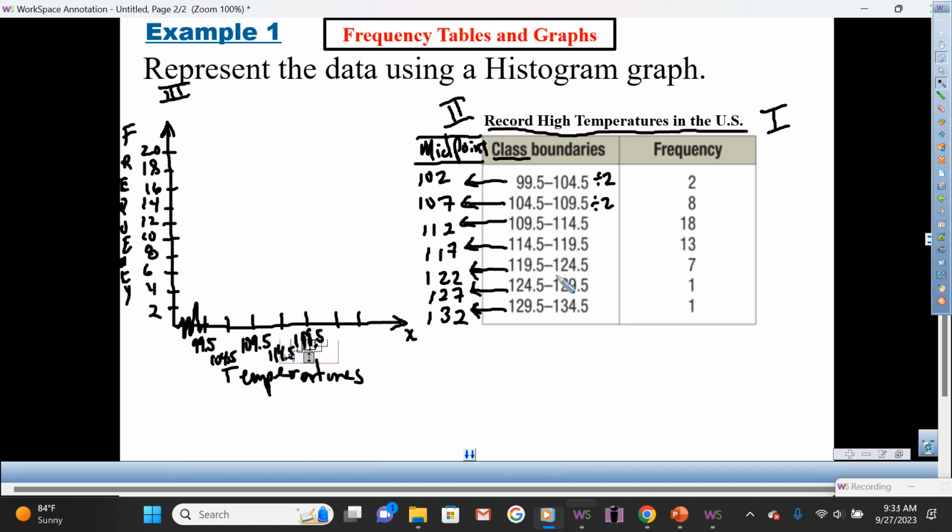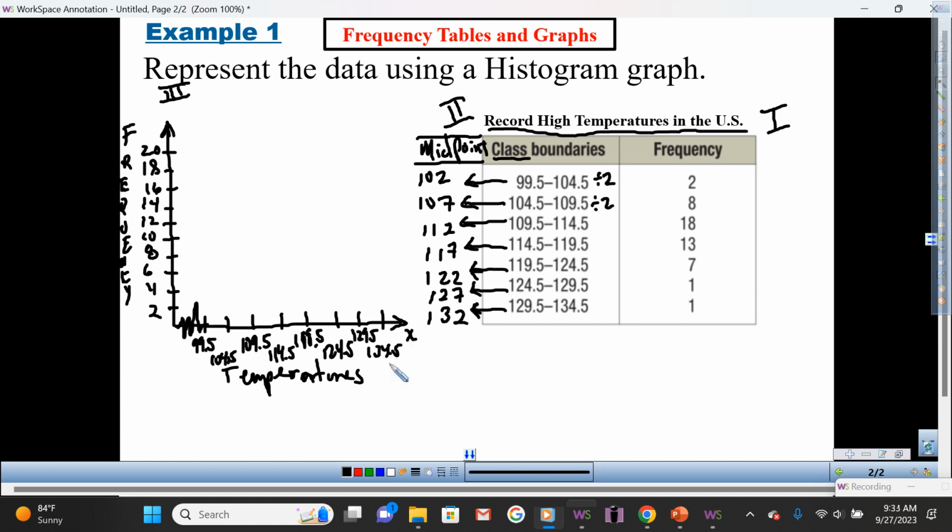All right. And then we got 124.5. And then we got 129.5, and last but not least, 134.5. Okay, are we there so far?